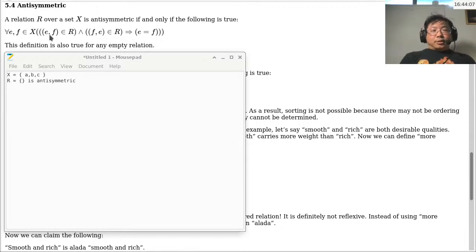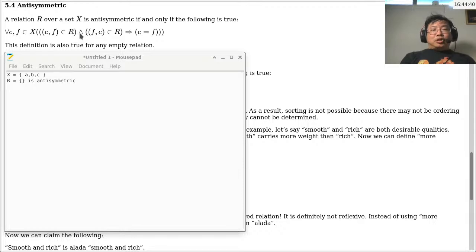So the conjunction has two parts. The first part is (E,F) is an element of R, and the second one is (F,E) is an element of R. If R is an empty set, it has no elements. That means no matter what you specify on the left-hand side of the is-an-element-of operator, it's always false, because there's absolutely nothing in R. So that guarantees that both sides of the conjunction are false, and as a result, the conjunction itself has to be false.